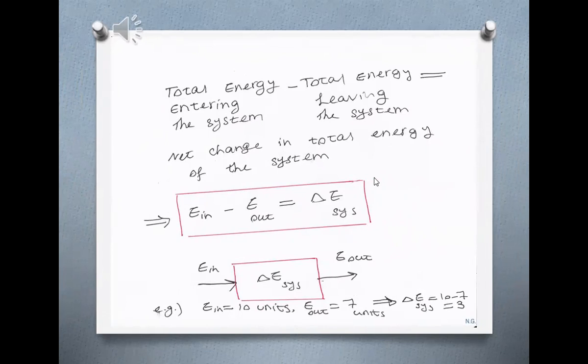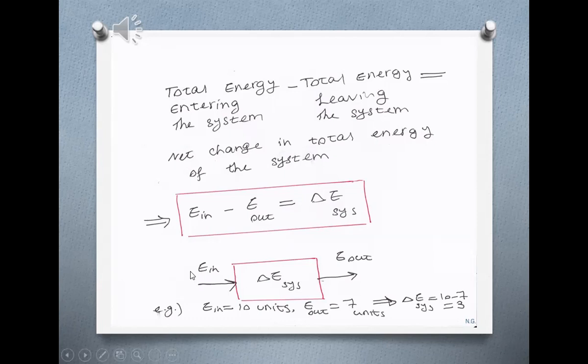So if this is a system, just look at it like a blackboard. It can be anything. It can be the heat exchanger. It can be a duct. It can be a section of pipe. It can be turbine. It can be pump. It can be anything. But we don't care at this point.